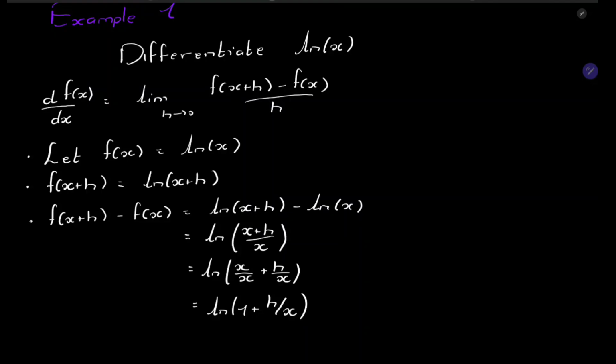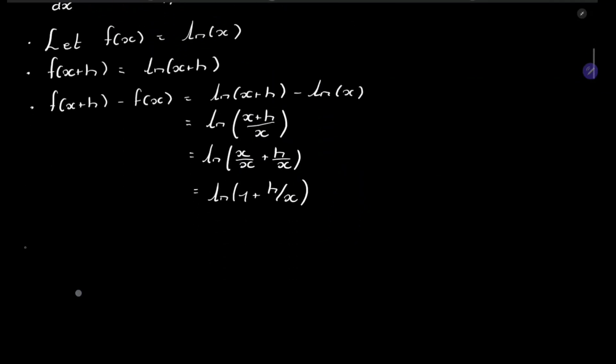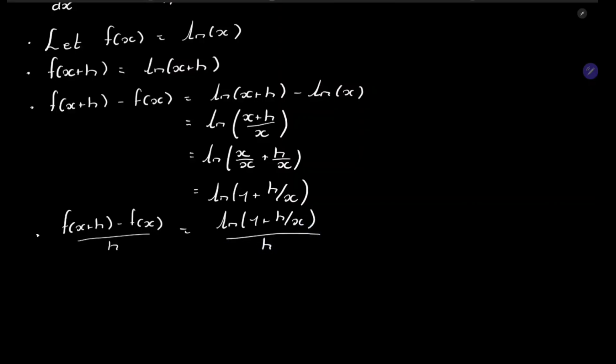Now we then need to divide by our denominator h. F of x plus h minus f of x all divided by h gives us the function ln of 1 plus h on x all divided by h.